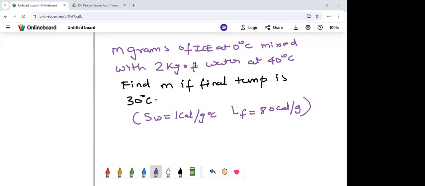What is the specific heat capacity for ice? Why do you want that? It's 0.5, but it isn't required here, because ice is already at 0. It's 0.5 calorie per gram per degree Celsius. I have just made up this question, so I have to check the answer. Just wait for 2 minutes, then I will give the solution.